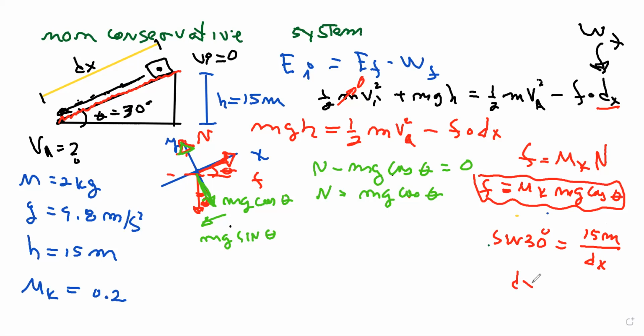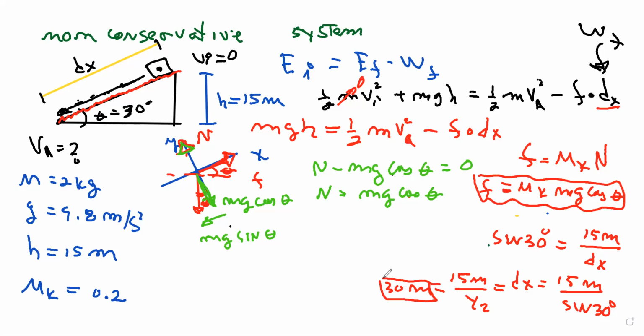So dx is going to be 15 meters divided by the sine of 30. So dx is going to be equal to 15 meters divided by 1/2, because the sine of 30 is 1/2. So dx is going to be equal to 30 meters. And now you have everybody.